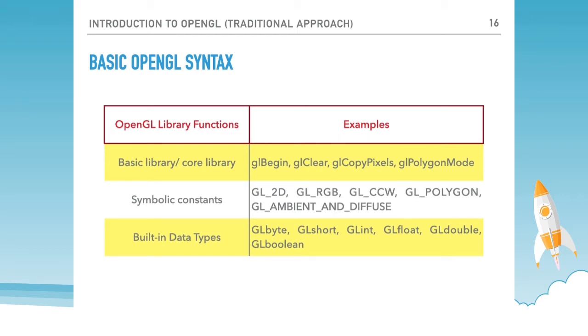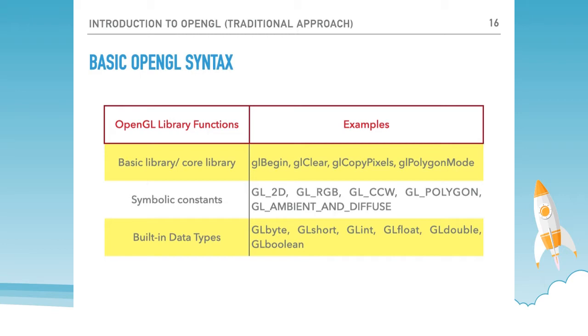The following example illustrates this naming convention: glBegin, glClear, glCopyPixels and glPolygonMode. Now, as you can see, we always use GL as the beginning, and the first letter after GL is always capitalized.